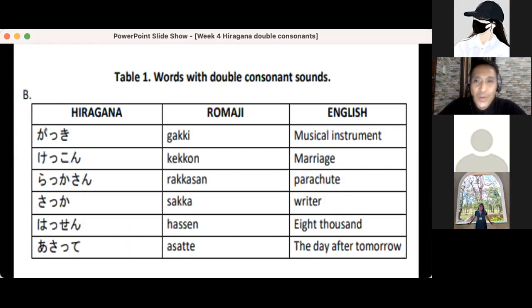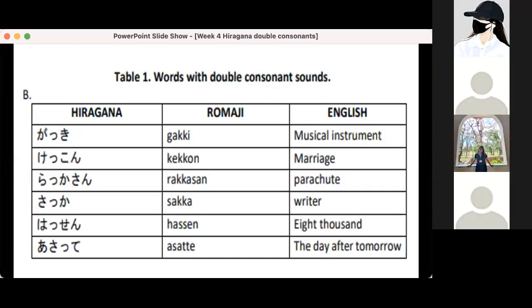Okay? So I want you to listen very carefully because I will ask someone to read these words. Again, gaki, kekkon, rakkasan, sakka, hassen, asatte. Okay, who can read the words? Sinong gustong magbasa? Sige, try natin si Jewel May. Sige, Jewel May, please unmute your mic.